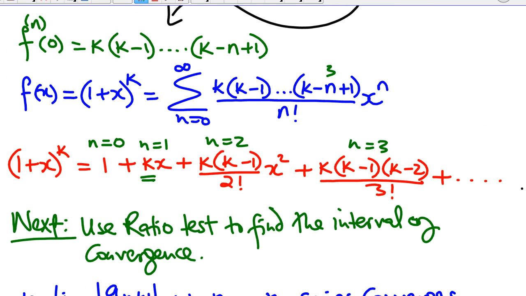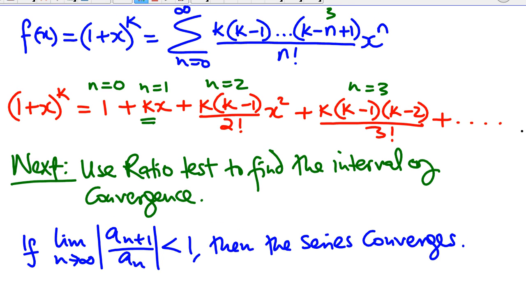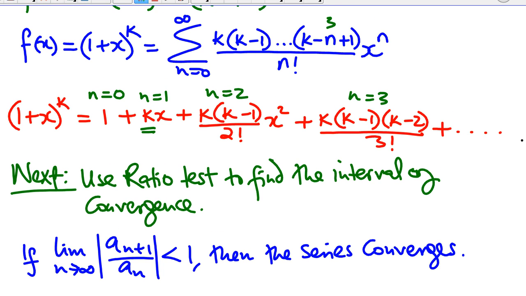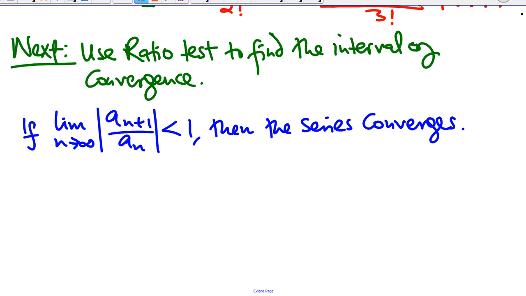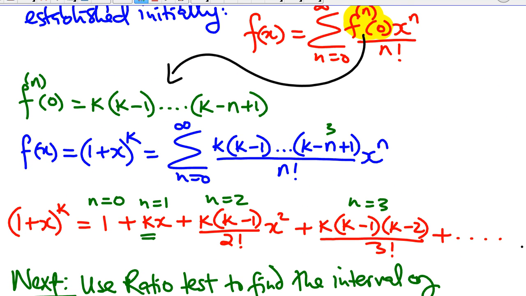Now, here again, S sub n will be equal to, because this is the series representing this function, S sub n can be found from here, all right? This bit here will be our S sub n.